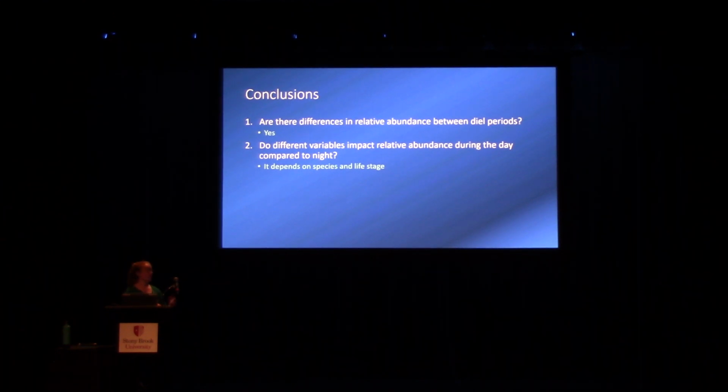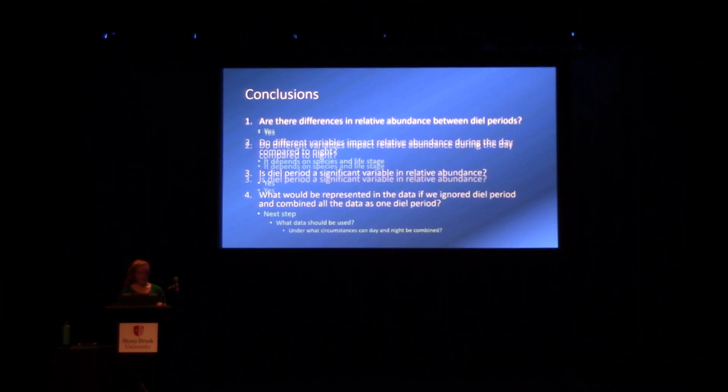In the case that I just showed, striped bass eggs, the variables don't really change between daytime versus nighttime data, but for all the other life stages and for white perch, the variables do. Is diel period a significant predictor in relative abundance? Yes, when the data was all combined in every single model run, the diel period was a significant predictor variable.